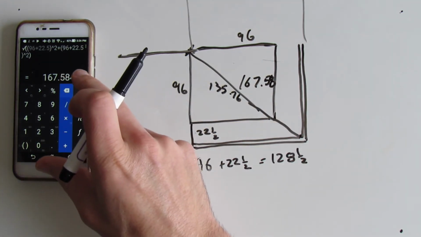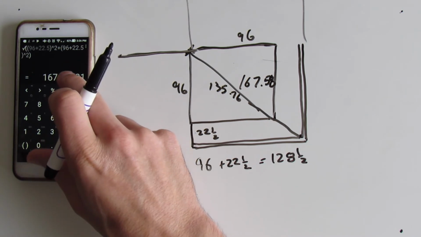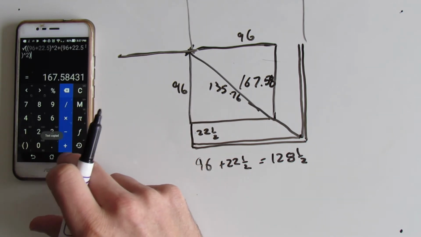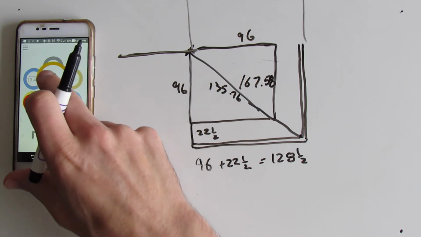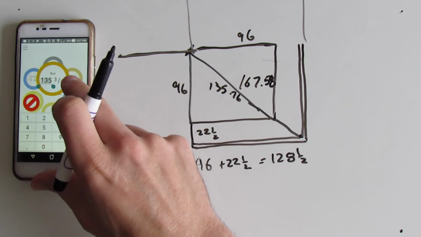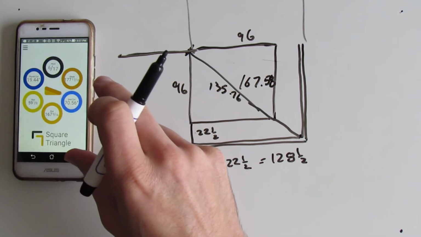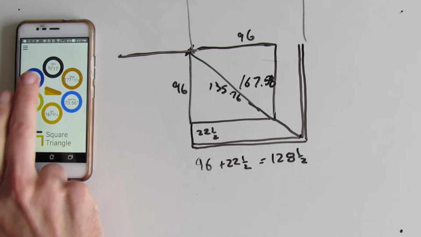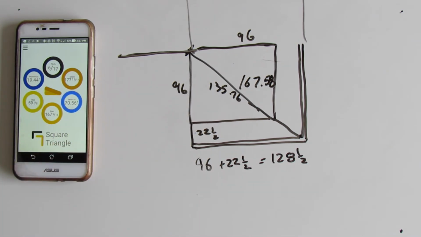So we're going to take this number and take it into the Square Triangle app. So copy it. Okay, so that 167 and 9/16, and on the 6/17 pitch gives us an overall slope of 177 and 11/16.